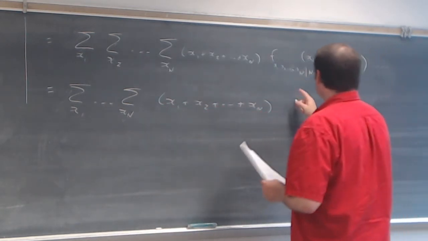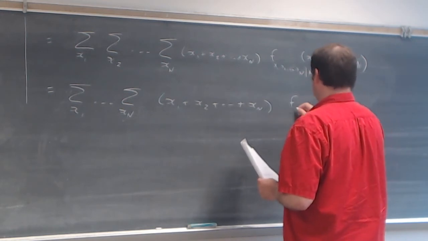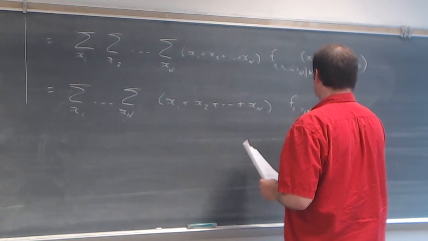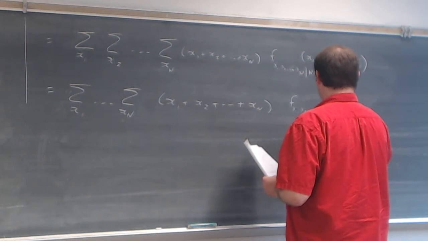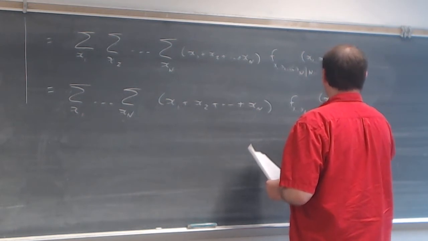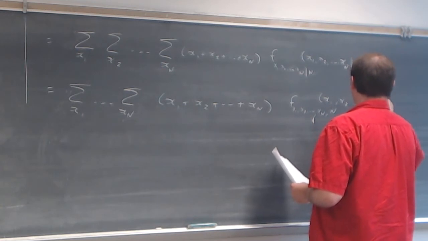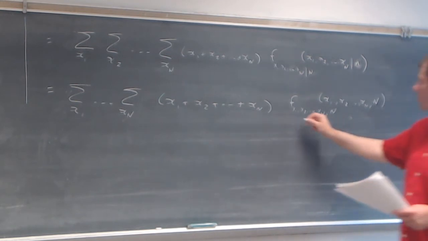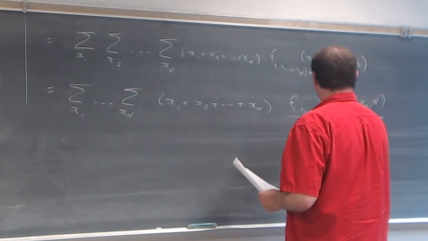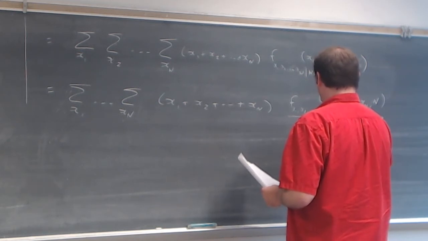Here, this conditional probability mass function is going to be the joint mass function of X sub 1, X sub 2, all the way up to X sub big N, and N, evaluated at x1, x2, up to x of big N, and little n, all over f sub N of little n.